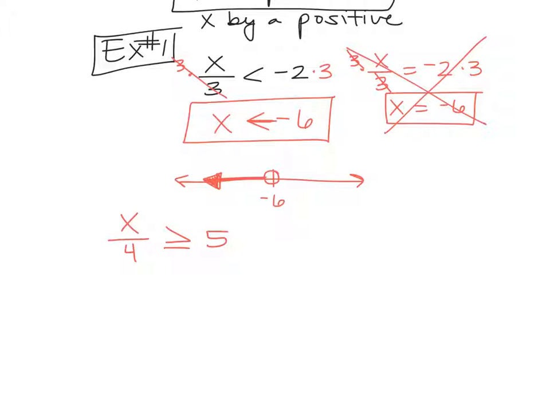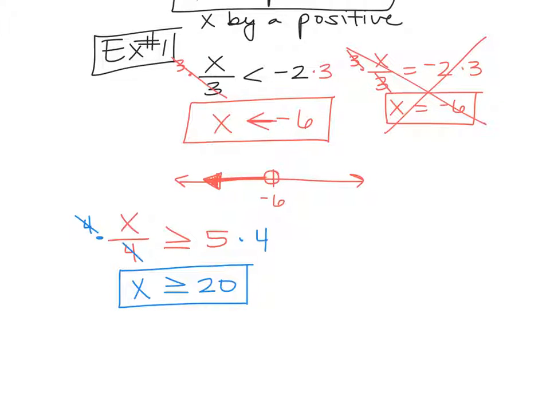Okay, x divided by 4 is greater than or equal to 5. What are you doing on both sides? Multiplying by what? You're going to multiply by 4 on both sides. So you're going to multiply by 4 here, which is going to cancel that out. Multiply by 4 here, and you get x is greater than or equal to 20.